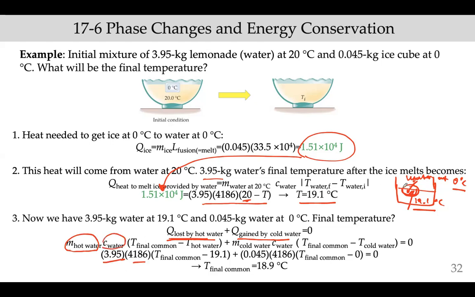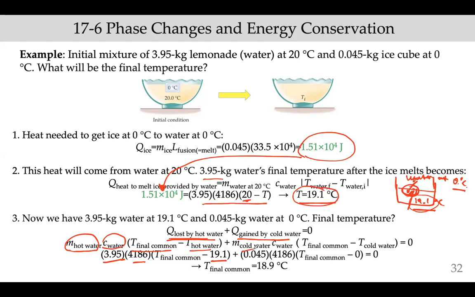Both the water at 0 degrees and the lemonade at 19.1 degrees will meet at a common temperature, so I'm going to call it T final common. The hot water is initially at 19.1, which we calculated here.